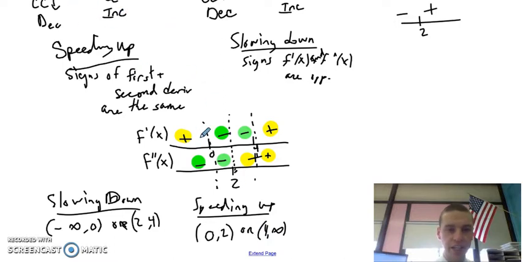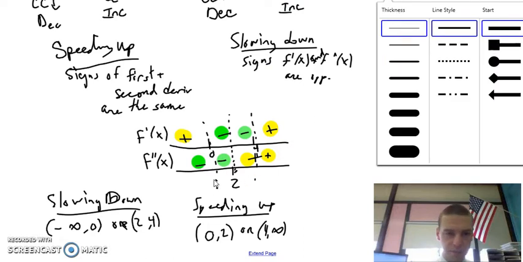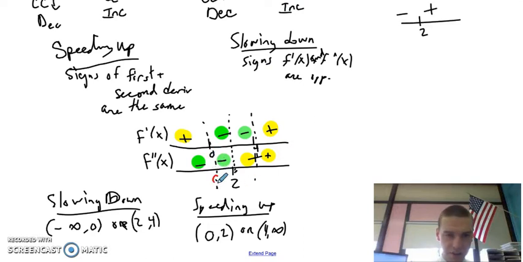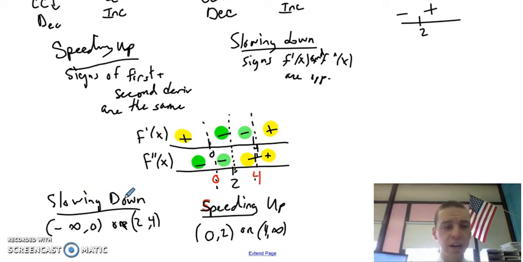Take a minute to look at that. You could also, if you wanted to, make sure you bring that 0 down there. So 0, 2, and 4. So again, slowing down, opposite; speeding up, the same signs. And I like to do the number line to look like this. It's just easier for me.